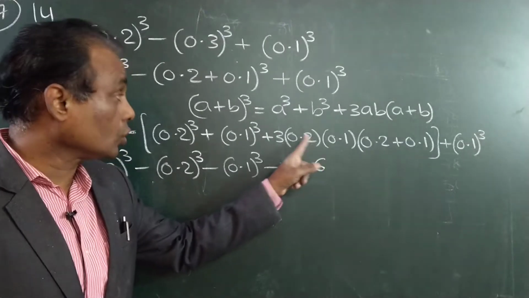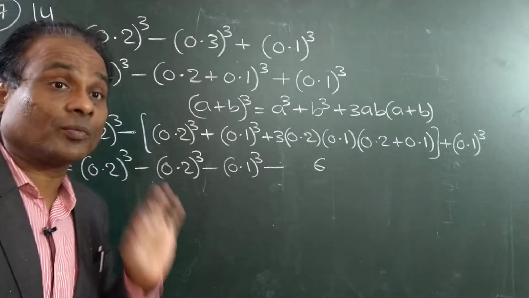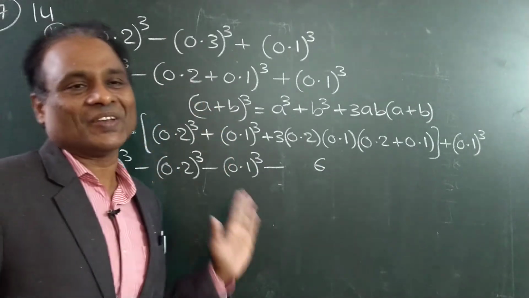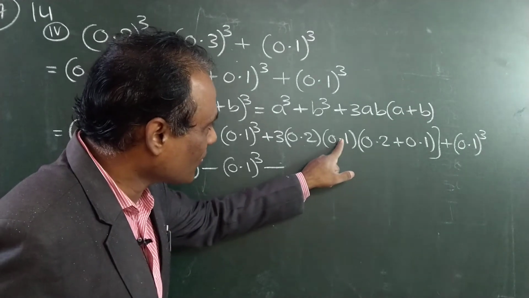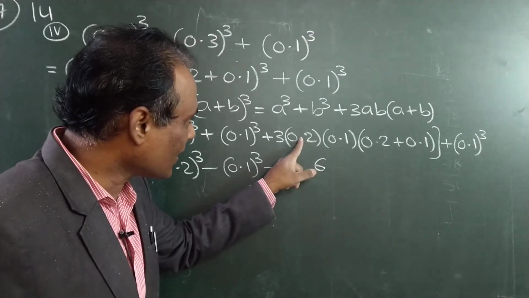1 into 2, 2; 2 into 3, 6, but where we have to keep the decimal, you already studied in the lower classes. Before 1 digit, decimal; before 1 digit, decimal.